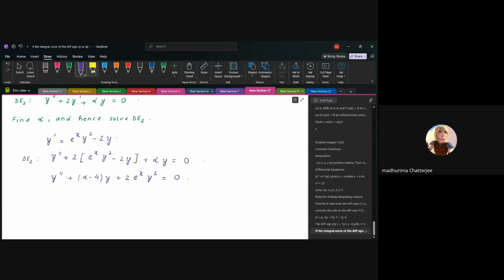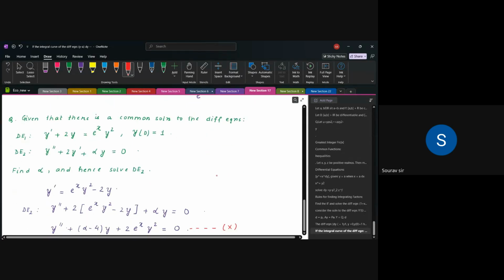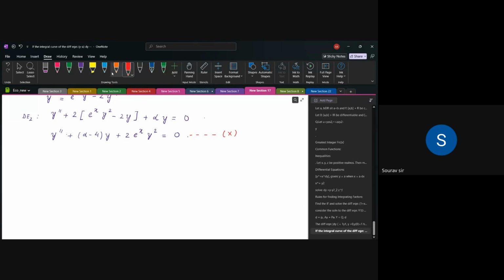I was thinking if I could do it in one step, but no. There isn't any additional information. It is just said that there is a common solution. We are not told anything about the behavior of the common solution that you can utilize in that manner.